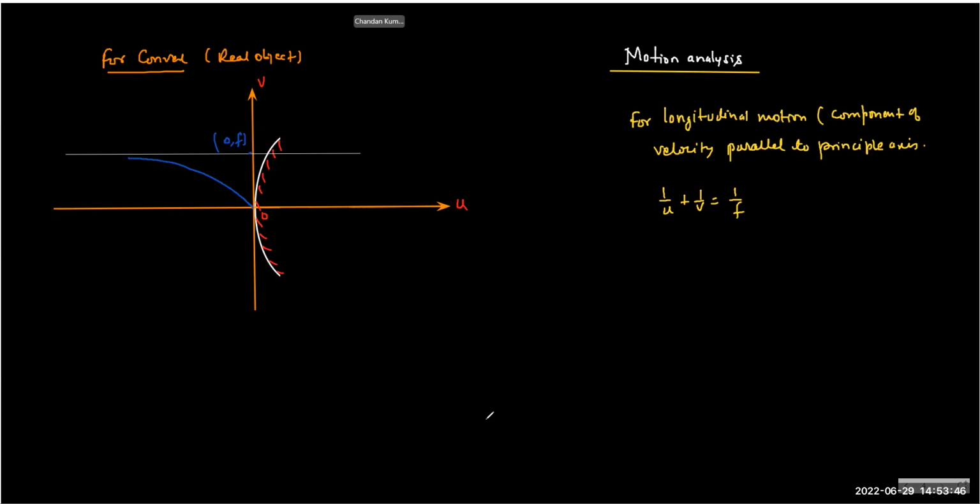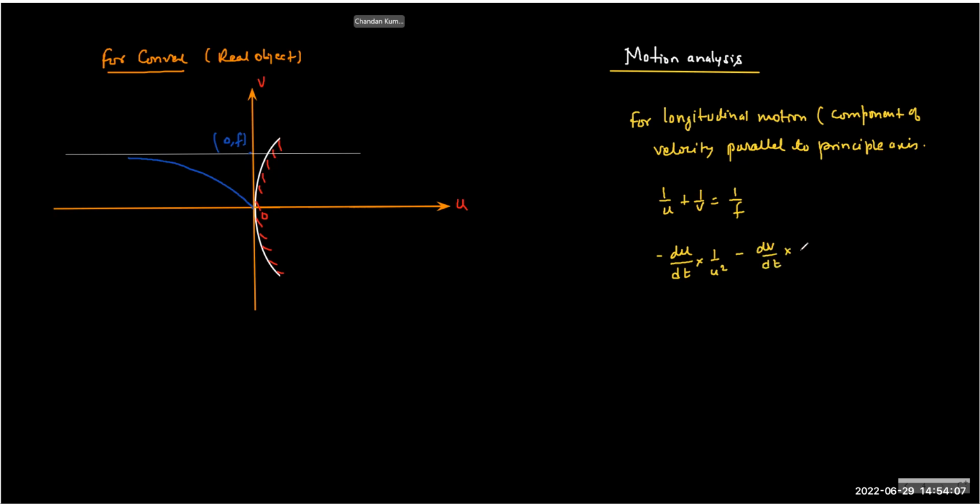Okay, no problem. So if you differentiate, you get du by dt into 1 by u square. So we are differentiating with respect to time because we want velocity.